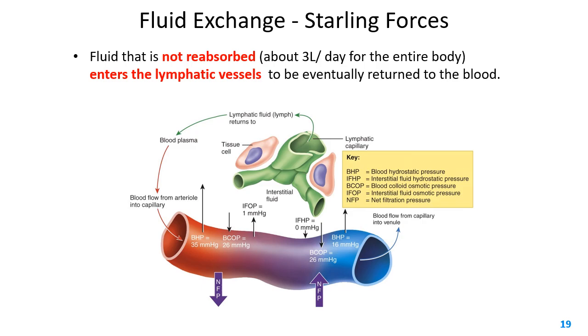Not all the fluid is going to be reabsorbed at the venous side. So we have a lot of filtration, and then you're not going to get all the fluid to go back in. Some of the fluid is going to be around there in the interstitial space, and it is not going to be sitting there forever. That fluid is going to be absorbed by capillary action of your lymphatics.